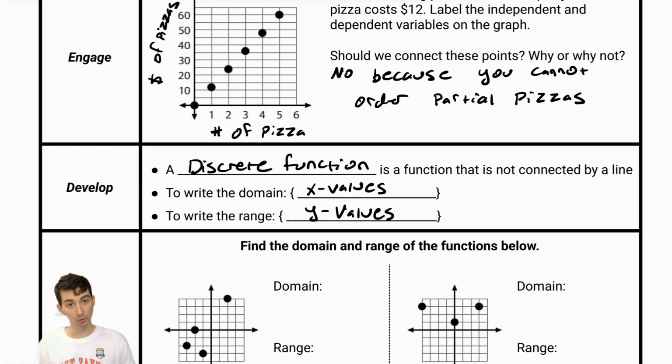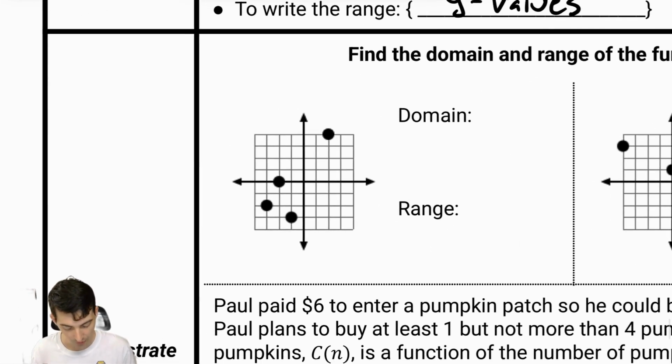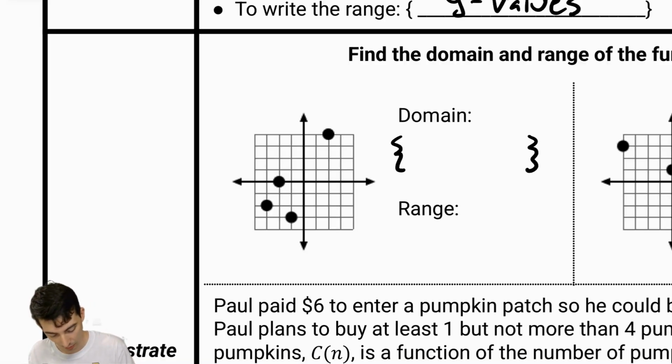Okay, so let's look at what we do here. For this first example, we want to write the domain and range. I'm going to use these squiggly brackets, which we call sets. I'm going to look across my x-axis and see where all of my points are located.